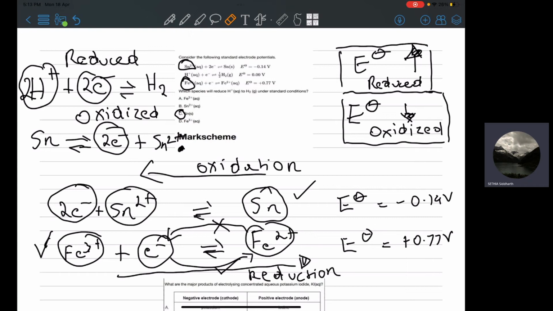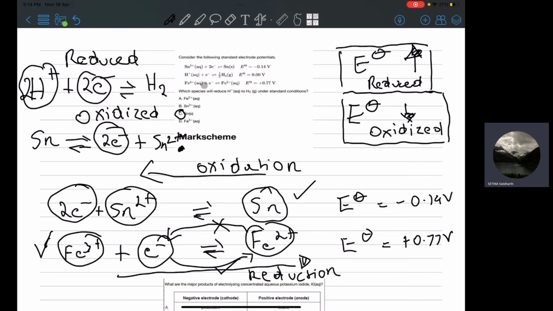Now, a faster way to do this question, like what I've done over here, is I've really gone into detail with the process that you should be thinking of when solving this question. But a faster way to do this is simply to look at the E naught values. If the E naught value is higher than for H plus, in this case, Fe3 plus plus e minus giving Fe2 plus has an E naught value which is higher than the one for hydrogen.